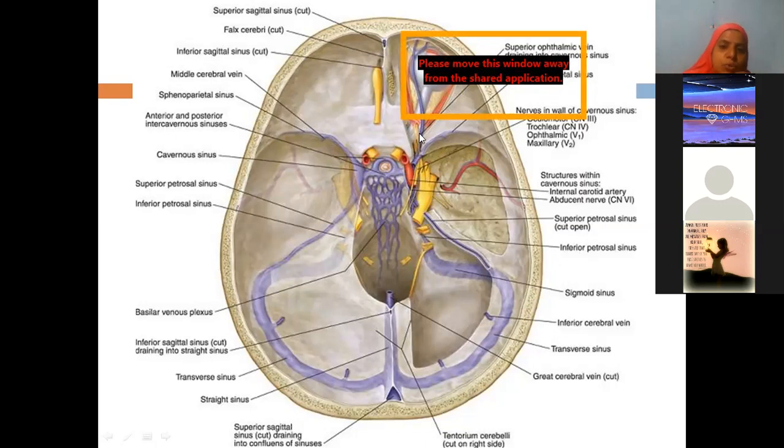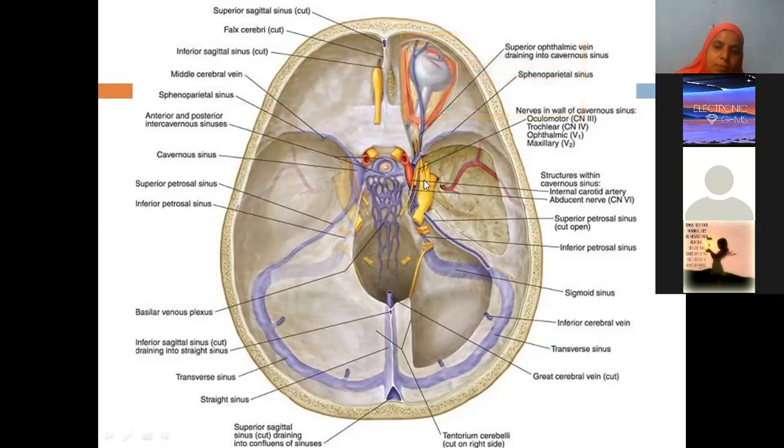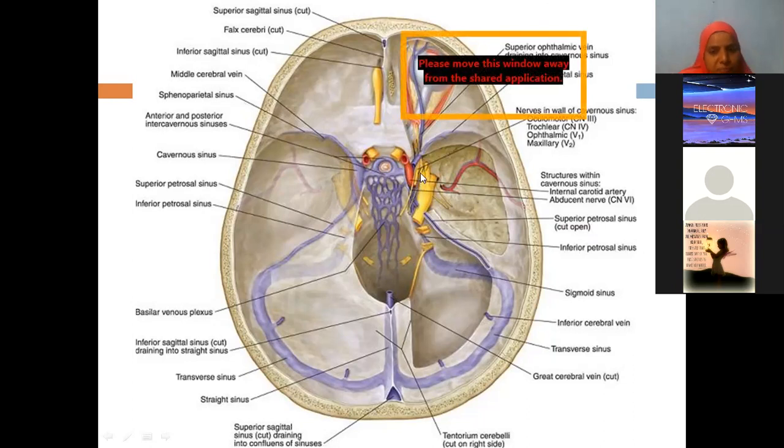They pass through the superior orbital fissure. Only the ophthalmic division goes like that. Then what about the maxillary and mandibular divisions? Anyhow, that is not the point. Now see here. Laterally, you should know the third, fourth, and fifth cranial nerves, the ophthalmic division.